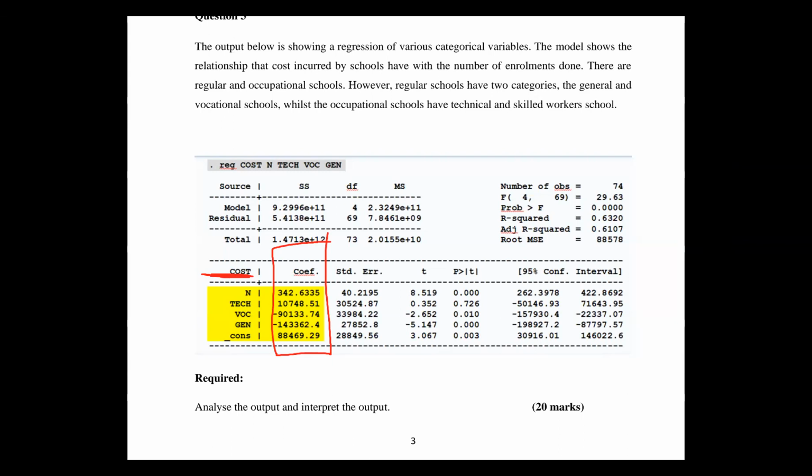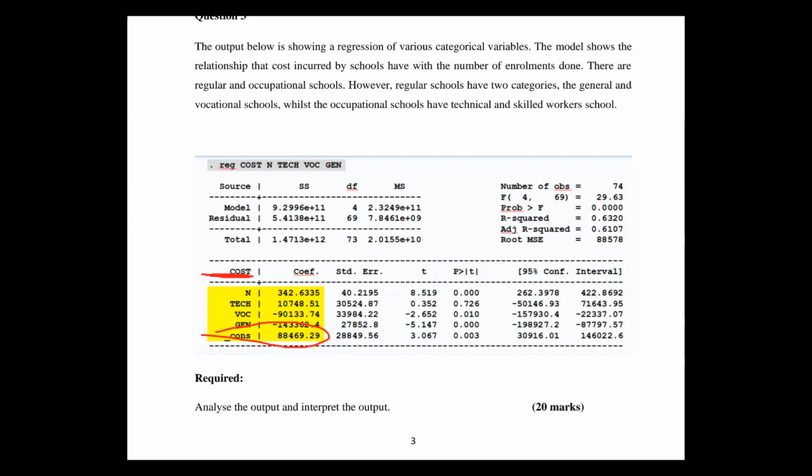We are looking at the impact of these other variables on the cost that is incurred by schools. So our cost is our y. Then these are the other variables. To start with, this one is the constant, which you may call the beta naught.